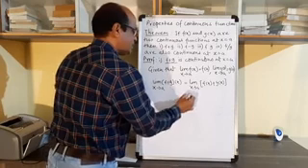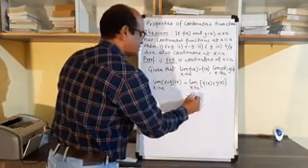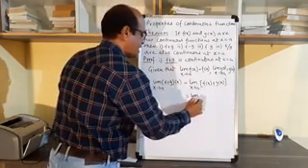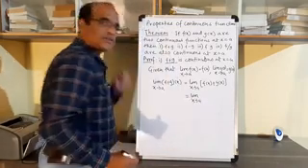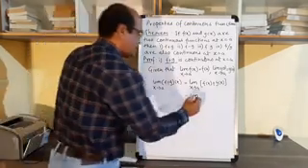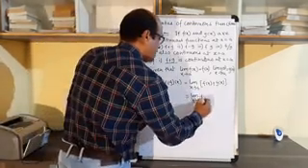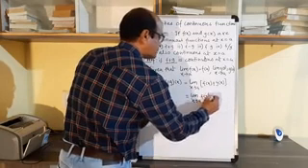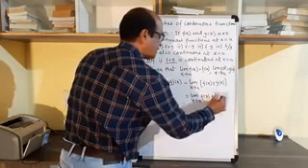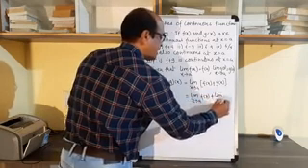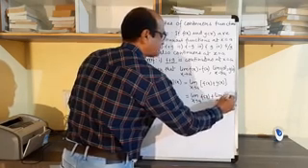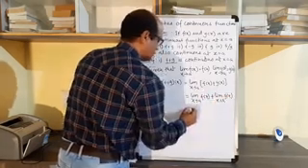So we shall write this. So limit as x tends to a of f(x) plus, we separate this limit here, limit as x tends to a of g(x). So this is equal to.